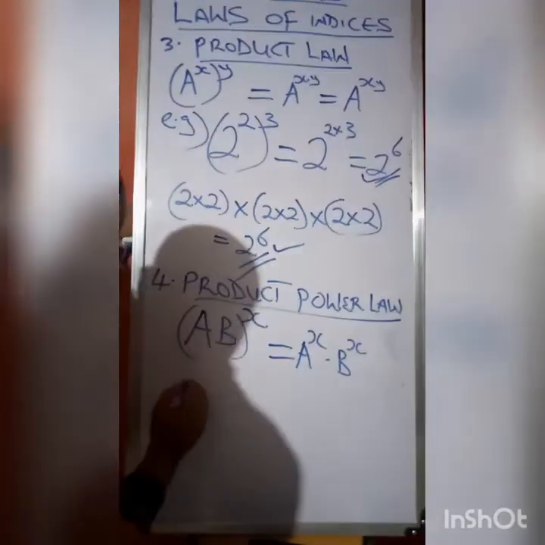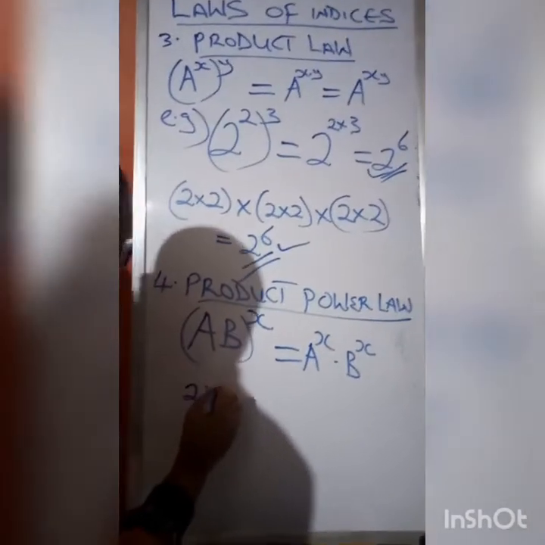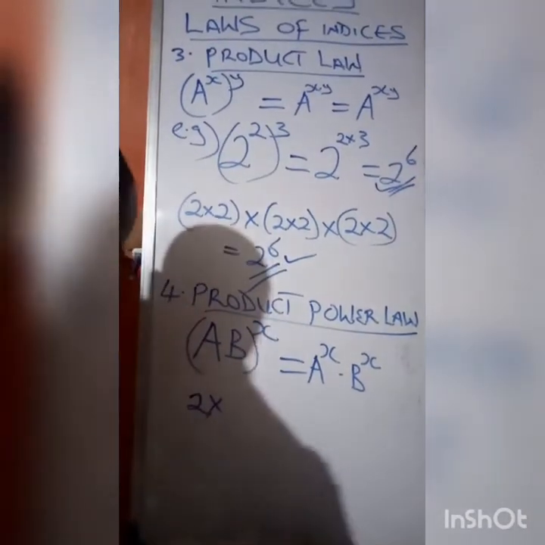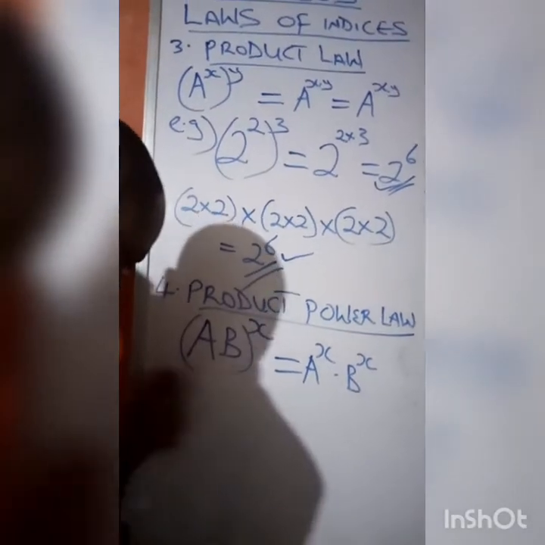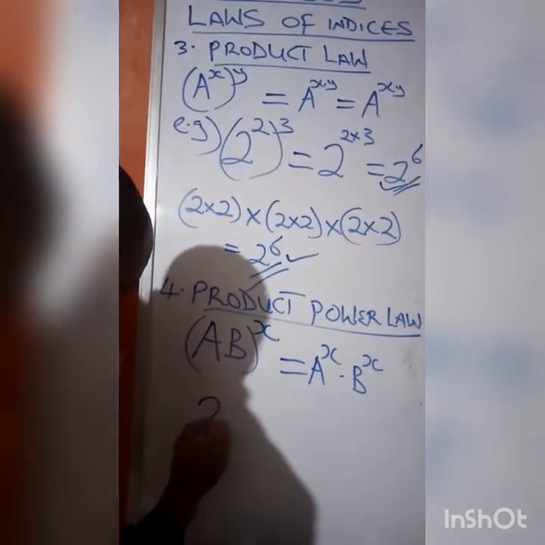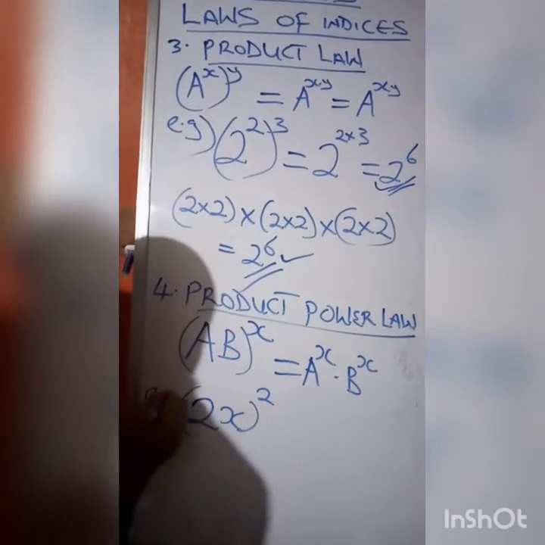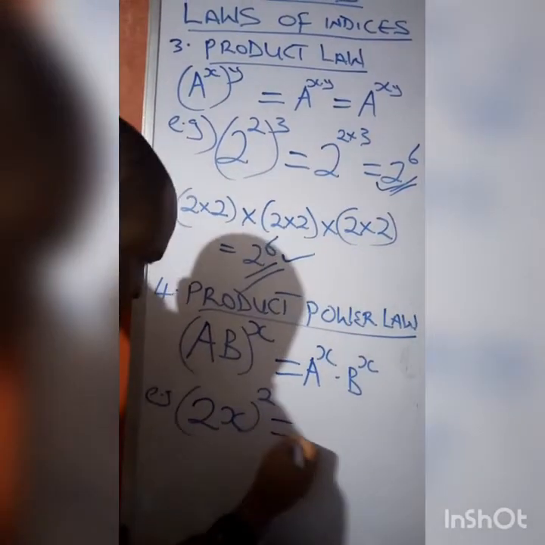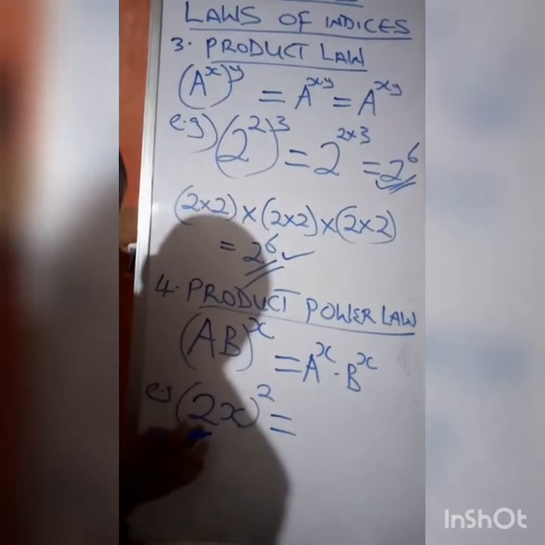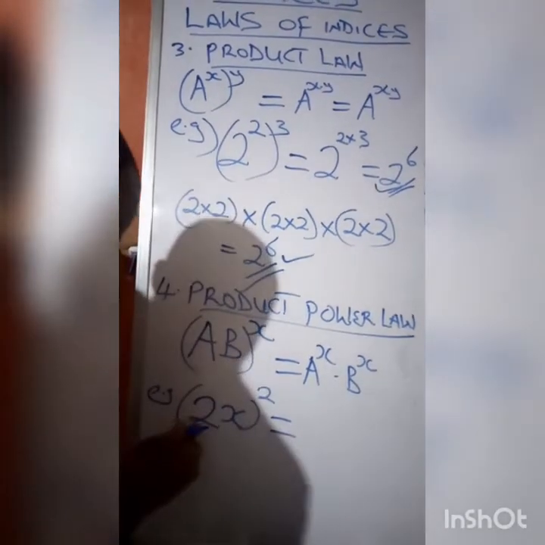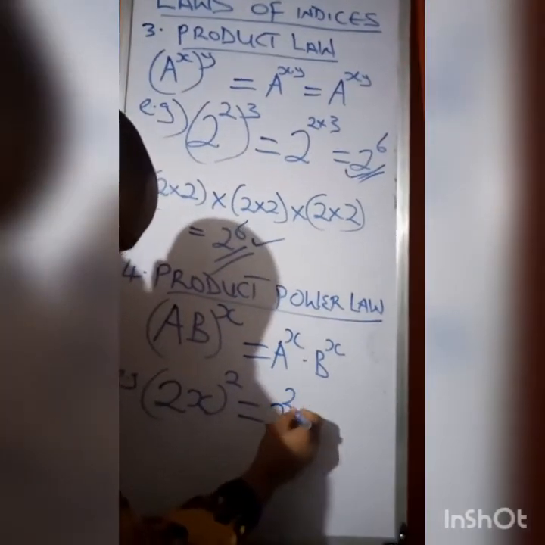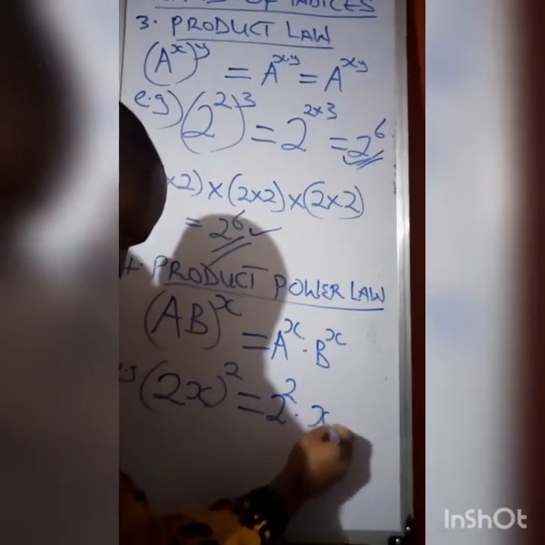If, for example, I am given, let's say, 2x squared. This is an example. By the product power law, it says I must square here and square here. So I must square 2, squared, multiplied by x squared.